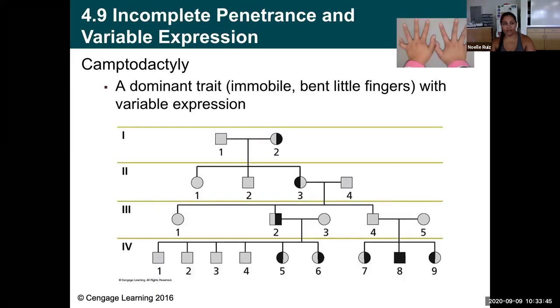So that's the pedigree for incomplete penetrance and variable expression. Sometimes it's shaded in on the right if the right hand is affected. Sometimes it's shaded in on the left if the left hand is affected. It's fully shaded in if both hands are affected. And if you can't see it at all, the gene might still be there, but it's just not shaded in.